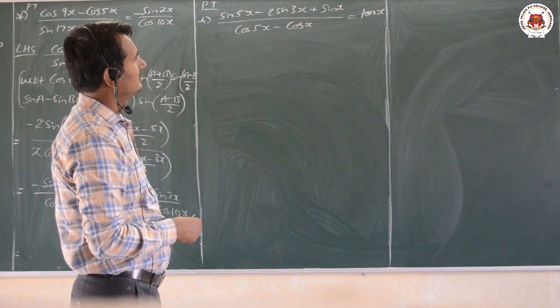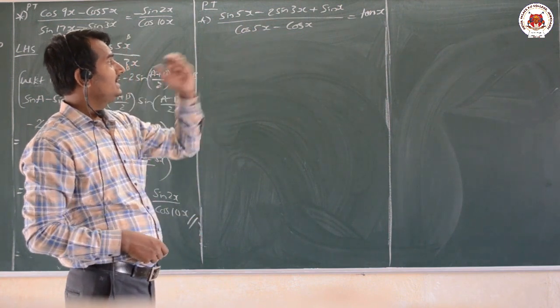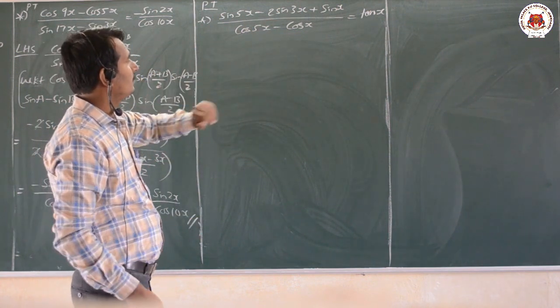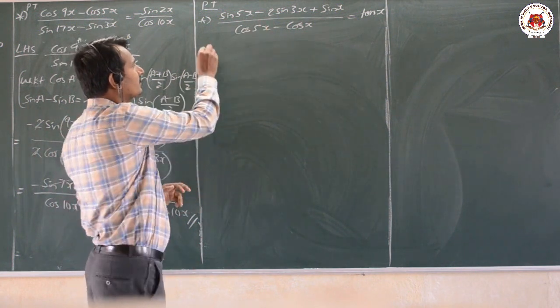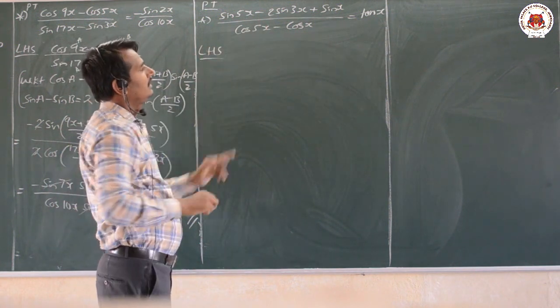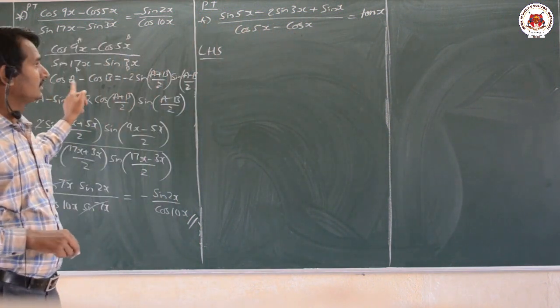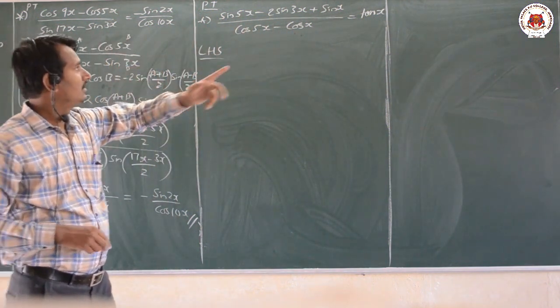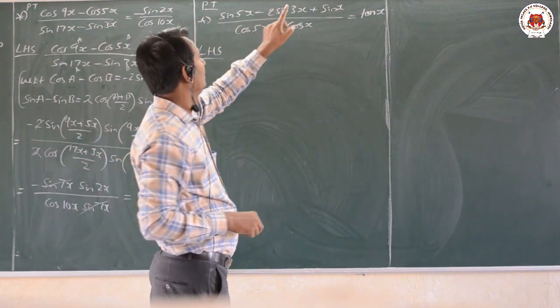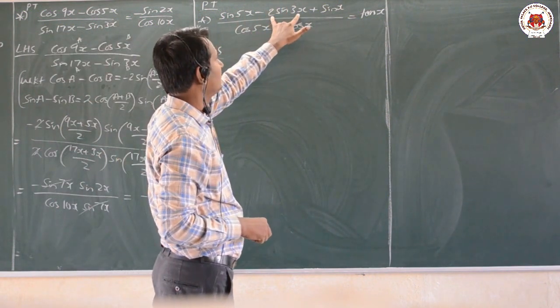Sin 5x minus 2 sin 3x plus sin x. Here one more thing we have to observe, that in the LHS part, the denominator I can solve very easily, that is cos A minus cos B. Whereas in the upper part of the numerator, I am having minus 2 sin 3x.